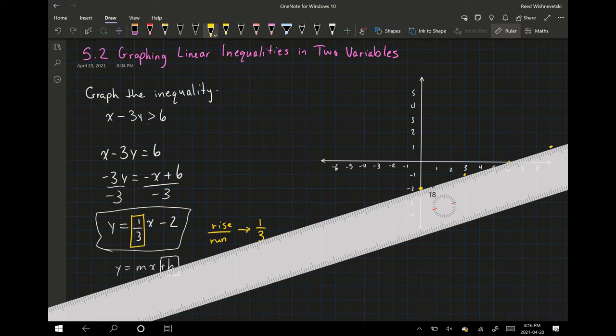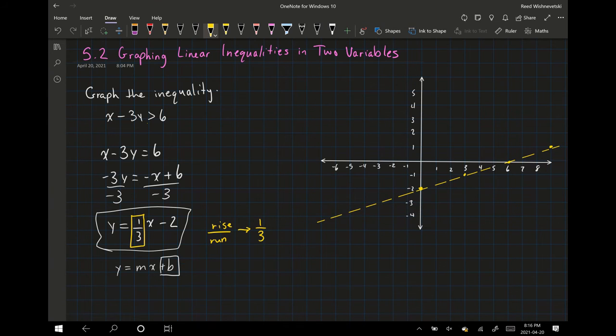So I'm going to go ahead and draw that dotted line on our ruler here. Just like so. Get this ruler out of here, throw some arrows on, and that's our line.